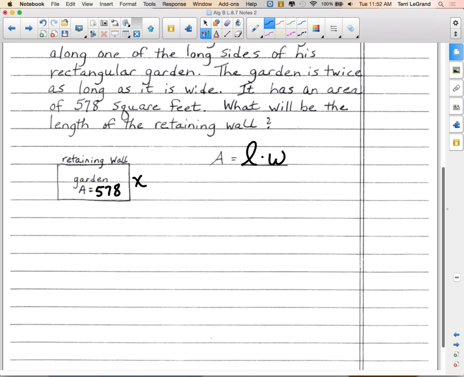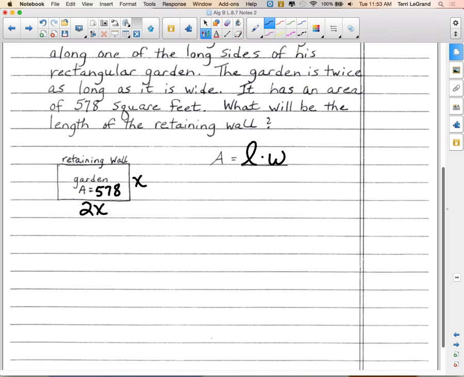I want us to name the length in terms of x, because it's twice as long as the width. Twice, it would be x squared if x was 2. 2x, there you go.